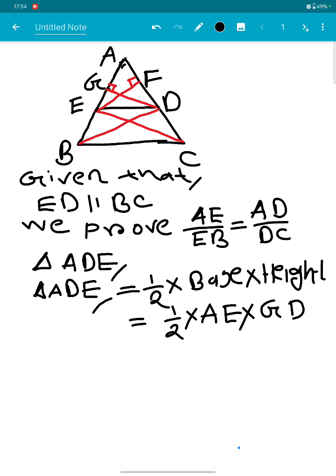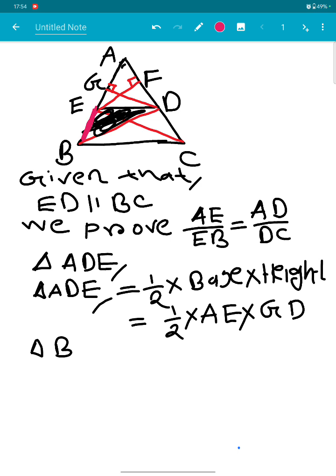Now triangle BDE. This is the triangle BDE. What is the base of triangle BDE? BDE base is BE. Why is BE the base of triangle BDE?